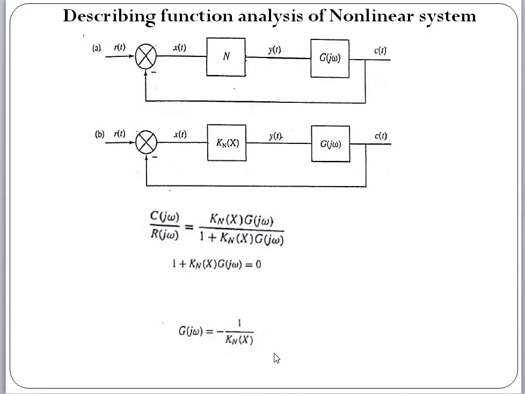Now, according to the Nyquist stability criterion for linear systems, we can say that the system is stable if the polar plot of K into G of j omega does not enclose the critical point minus 1 plus j0.